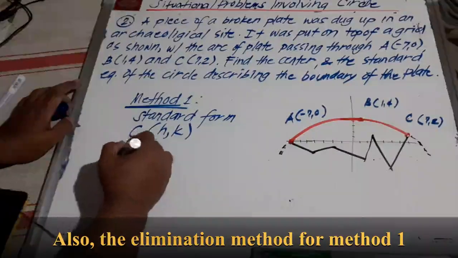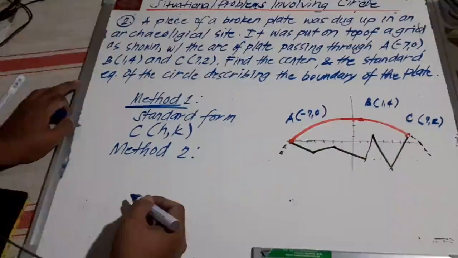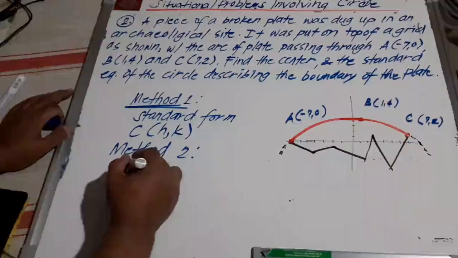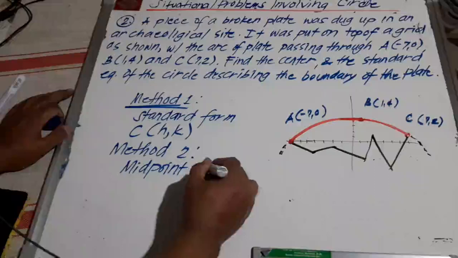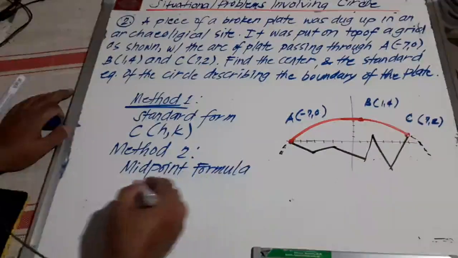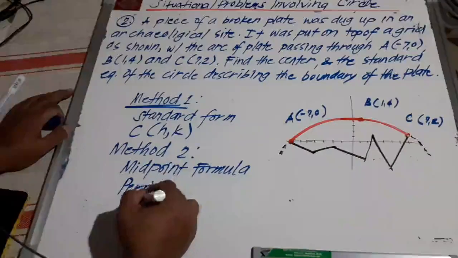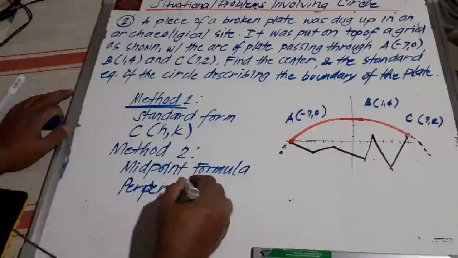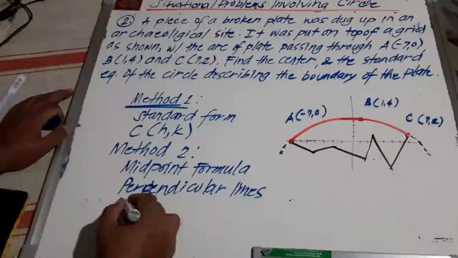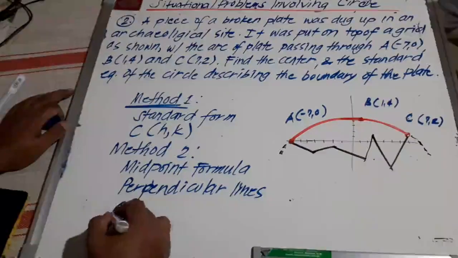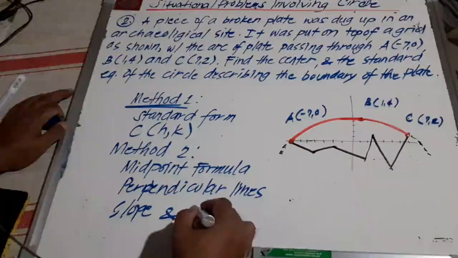Pag yung method 2, ang kailangan natin, ang dami: midpoint formula, ano pa, perpendicular lines, slope of perpendicular lines, then slope, and the equation of a line, yung point-slope form.